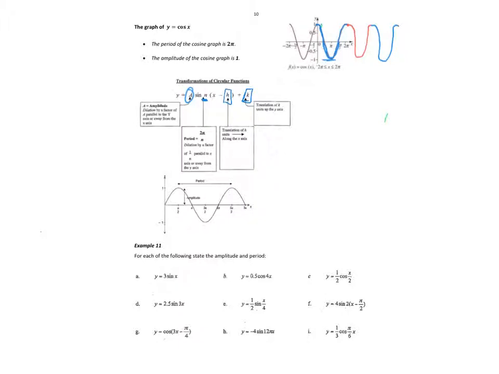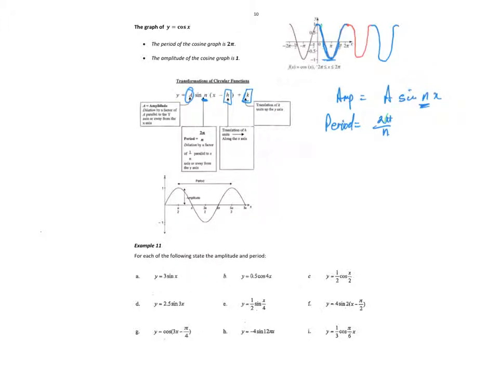Okay. So the key things here are the amplitude is the number out the front, so the A value, and my period is given by 2 pi on whatever the n value happens to be.